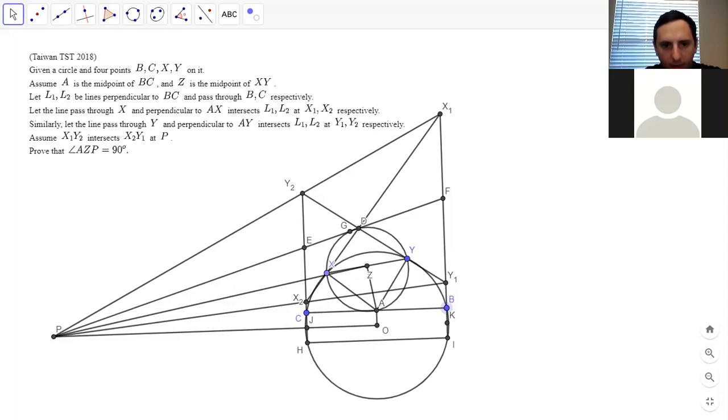Or we could use points E and F instead of X1 and Y2. It's interesting that E is the midpoint of X2, Y2, and J is the midpoint of CH. I don't know if there's a way we can use that.